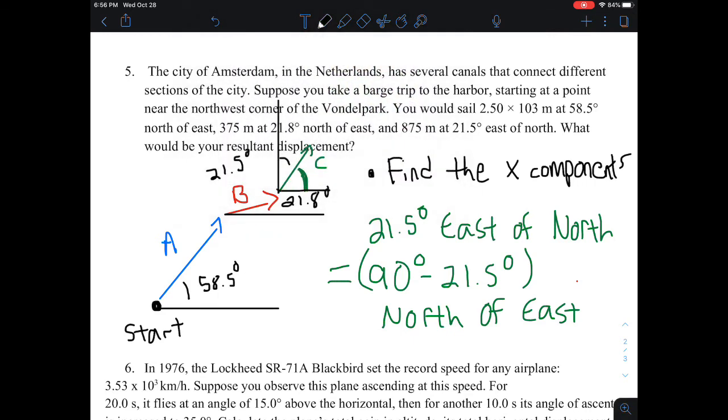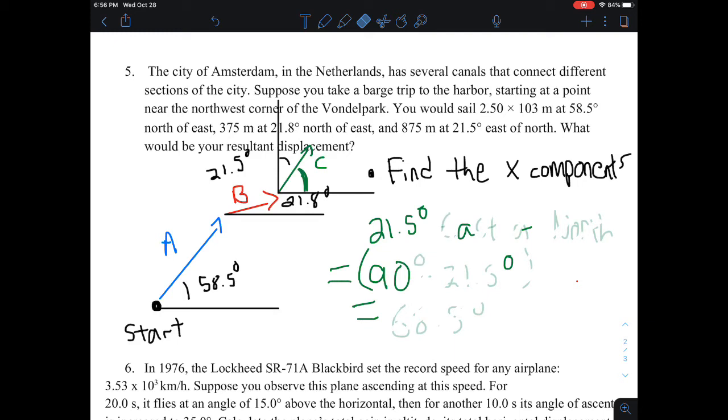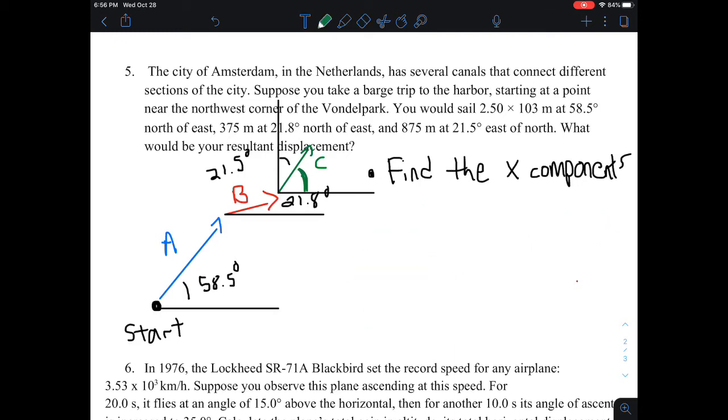So in this case, I'm looking for that angle, the one shown by the green arc there. 90 minus 21.5, I'll do that in my head here. That's like 70 minus 1.5, so it's 68.5 degrees. So you can continue the same process here and find the x component of vector c.